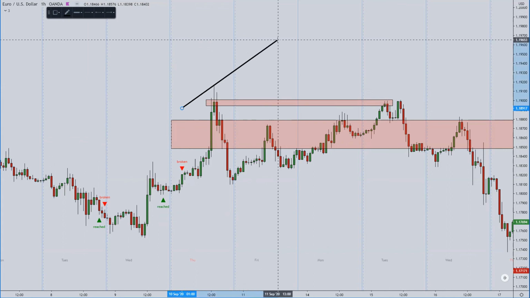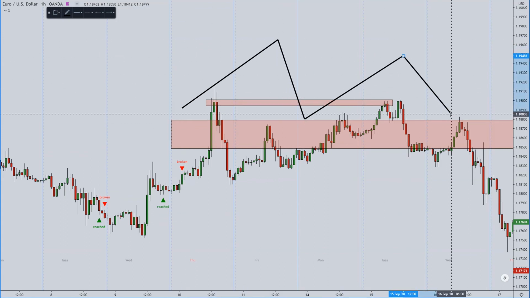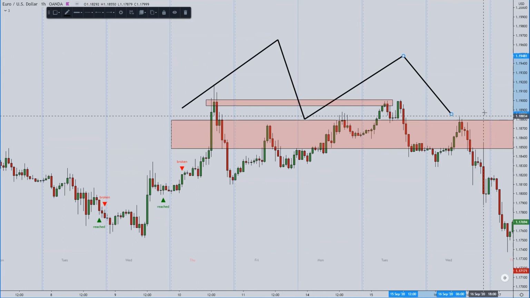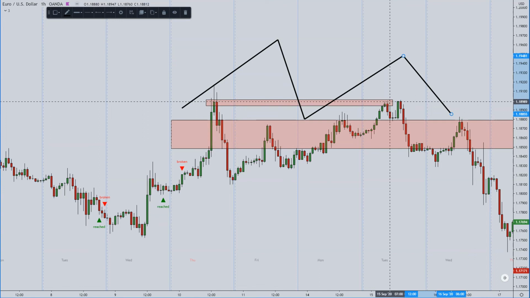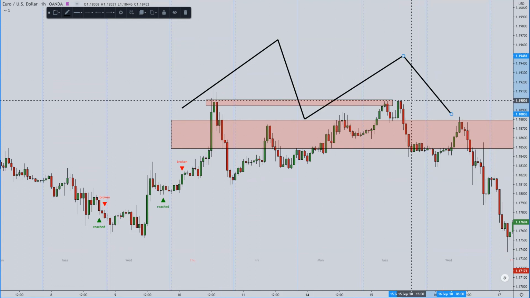Many people know them as M patterns or double tops. This one is wicked, and then comes an engulf. Most solid way to find a reversal.